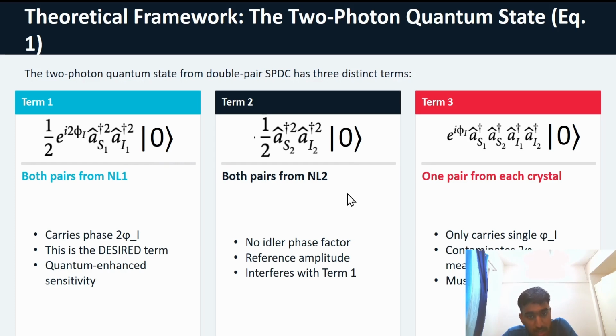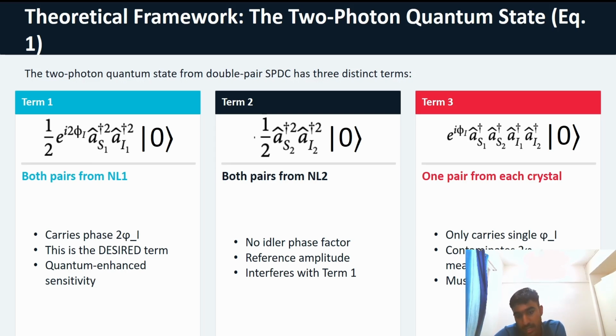There's a second term without any phase factor, which signifies both pairs coming from the second nonlinear crystal. And there's a third term, the cross term, which signifies one pair from each crystal. We are interested in only the first term, which carries the 2 phi I phase factor, and this is what leads to the quantum enhanced sensitivity.